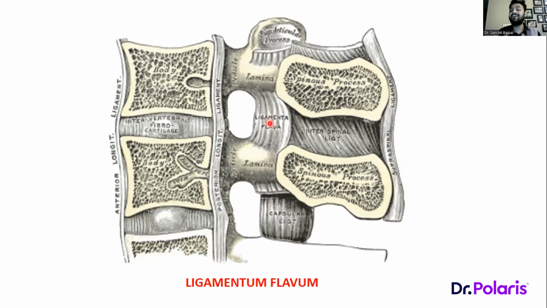What example is this? It is a type of syndesmosis because it is bridging two bones with the help of a ligament. So if I ask you to mention one example of syndesmosis where two bones are bridged by a membrane, you can tell me interosseous membrane between your radius and ulna, between your tibia and fibula.